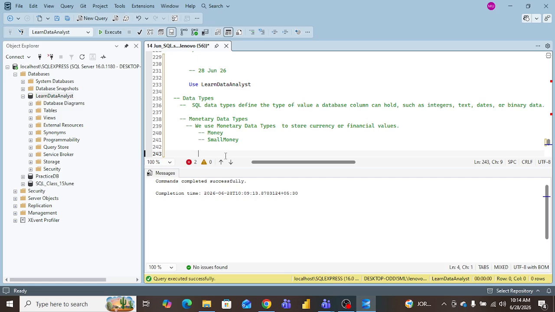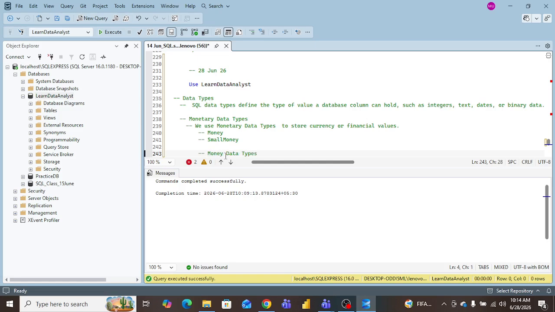So now we have to understand what small money is. Money data type means we store large currency values. Now we are talking about the money data type.